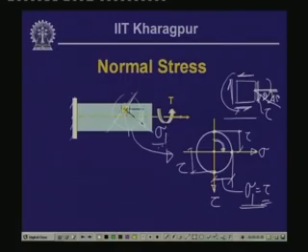So, this is the normal stress sigma 1, and consequently the other normal stress, which is a minimum value, will be sigma 2, which is equal to minus tau. These are the values of the normal stresses generated because of the action of a twisting moment acting in a bar.